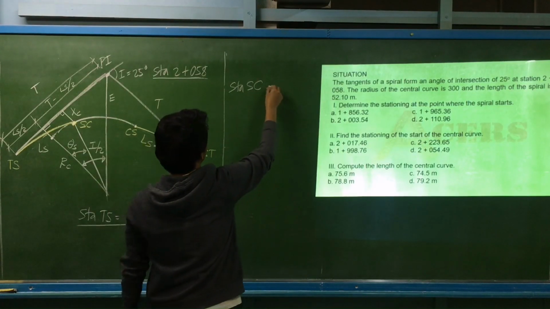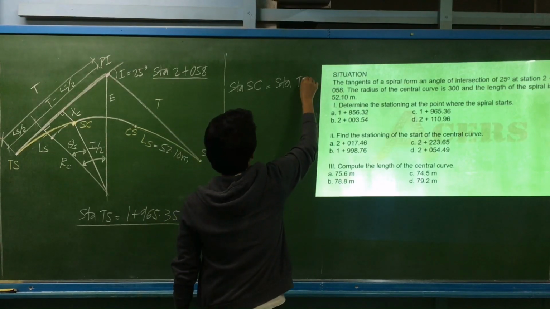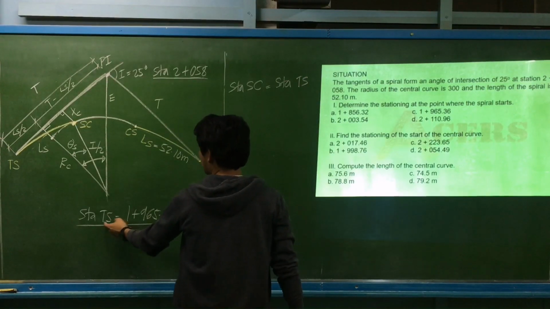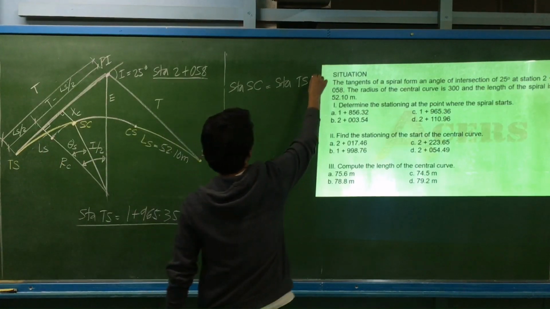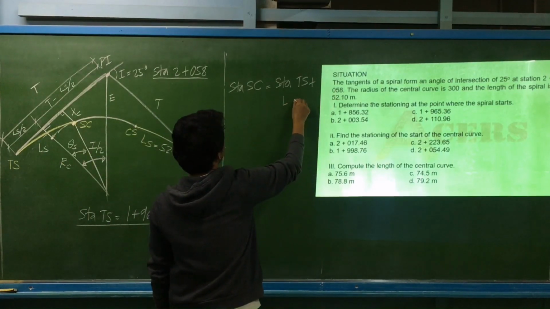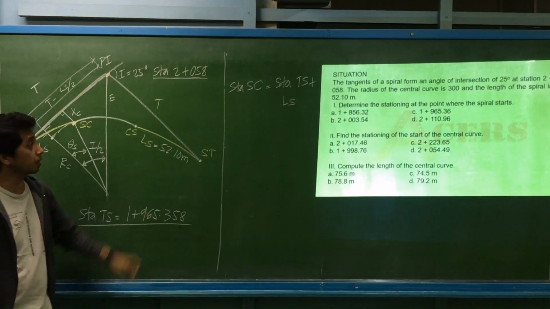This is central curve. Is equal to yung stationing lang ng first point or point of tangency ng tangent line tsaka spiral curve, plus idadagdag lang natin doon yung length ng spiral curve which is 52.10.